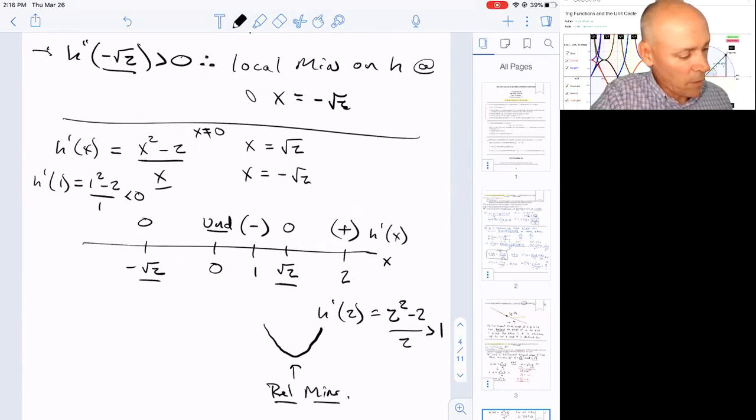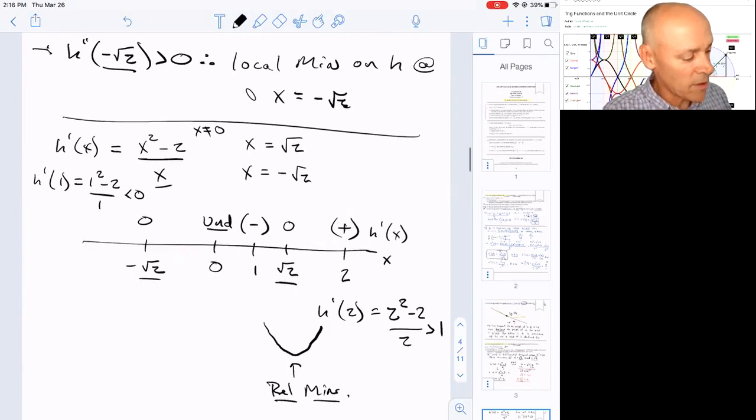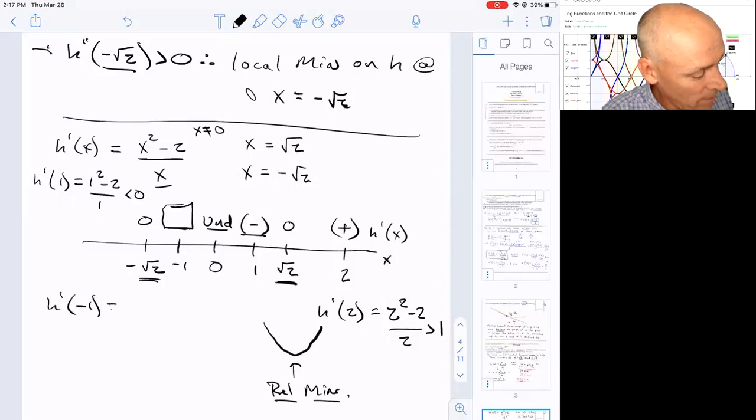Now, just to confirm, if I look over here, this is 0, and here's where I have to be careful. I don't want to just assume that the first derivative is negative from negative root 2 to positive root 2. So I'm going to pick negative 1. h prime of negative 1 is equal to negative 1 squared minus 2 over negative 1.